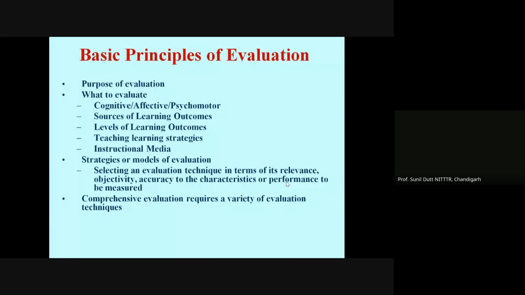As I told you, there are various techniques of assessment, and each technique has its own advantages and disadvantages. So no single type of instrument can assess the varied learning abilities and learning outcomes. For example, objective type tests are useful for measuring knowledge, understanding, and application outcomes.